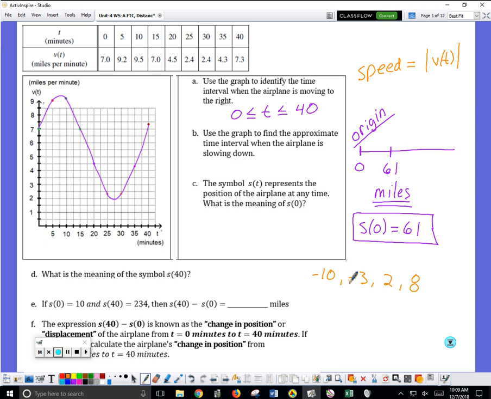So hands up, who knows when the plane is slowing down? Talk to each other, raise your hand. When is the plane slowing down?